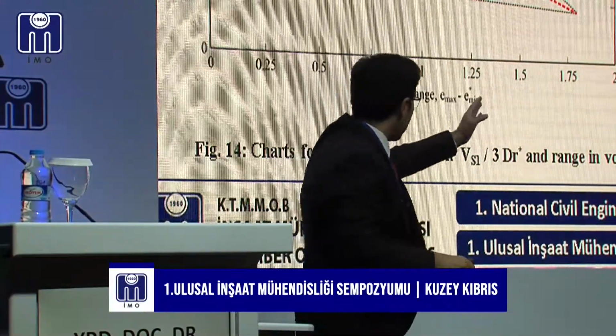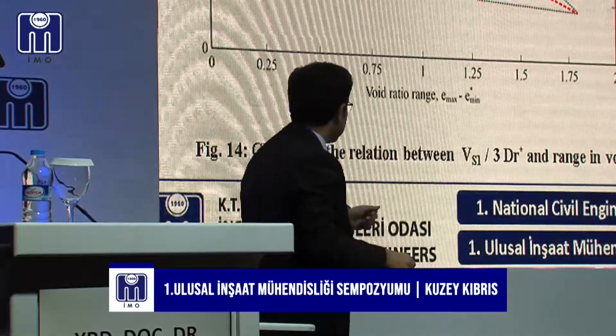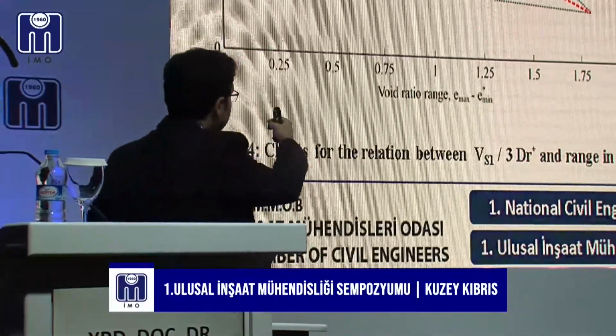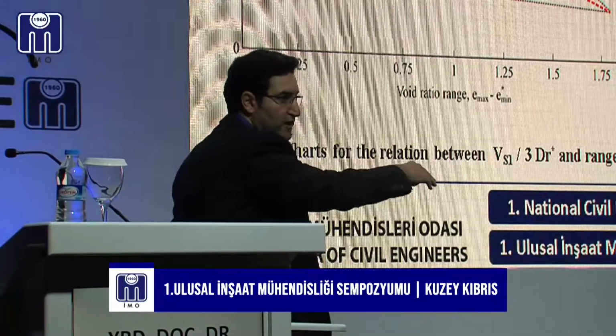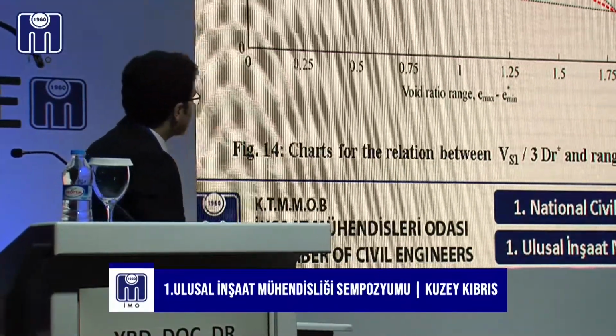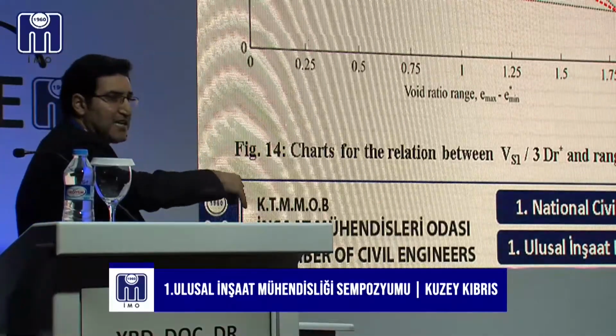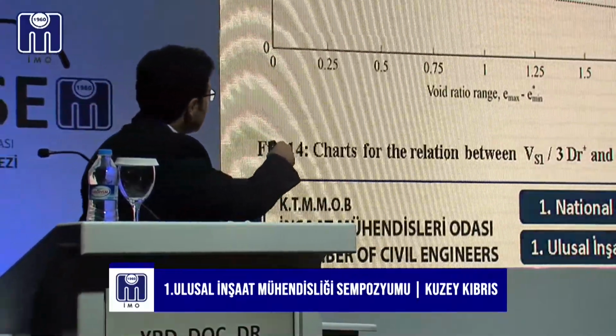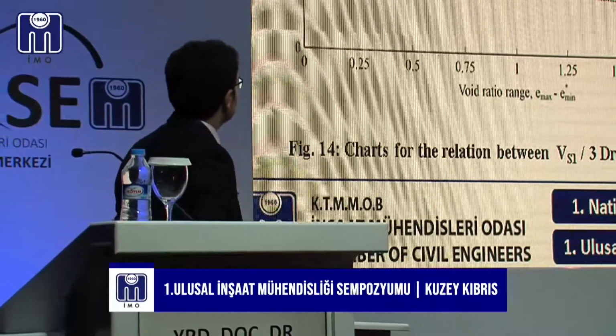So we have to put another important parameter, the void ratio range, into this graph, and we can find the lower and upper bounds. Based on that, we can consider an angle bisector as an average line through these points.